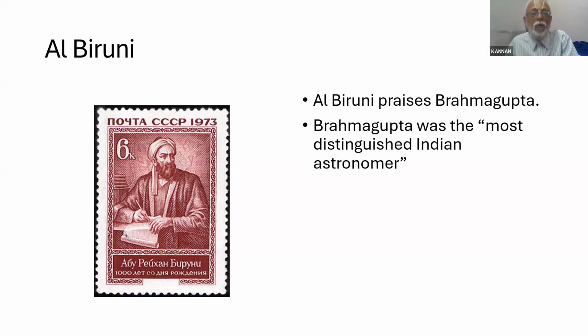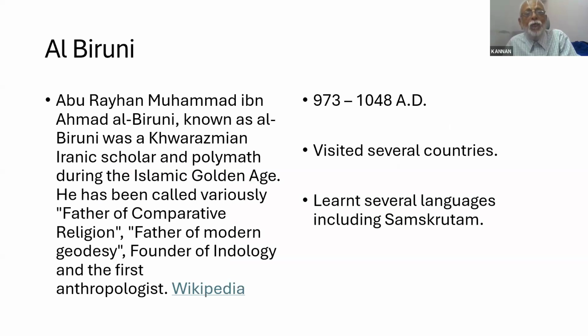About Al-Biruni, a few more words. His full name, I cannot remember without seeing it here: Abu Rayhan Muhammad ibn Ahmad al-Biruni. That is his full name, but the short name is al-Biruni. He was a Khwarezmian Iranic scholar. He was a polymath during the Islamic Golden Age.